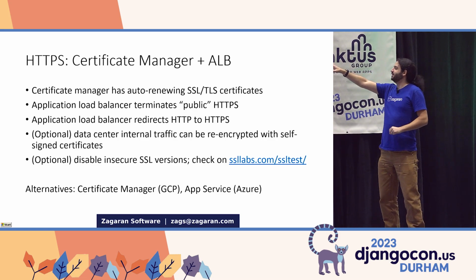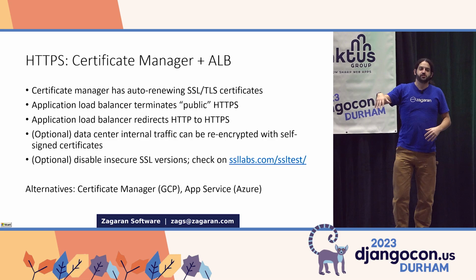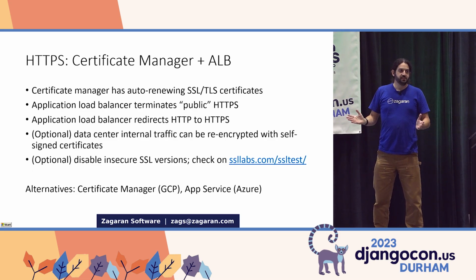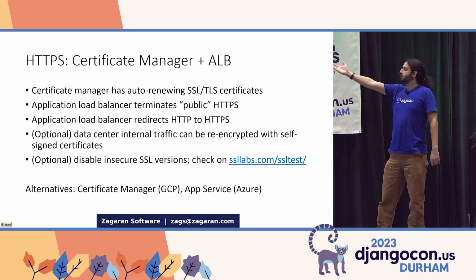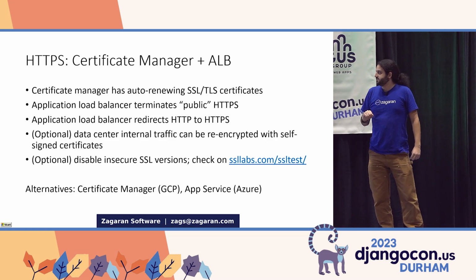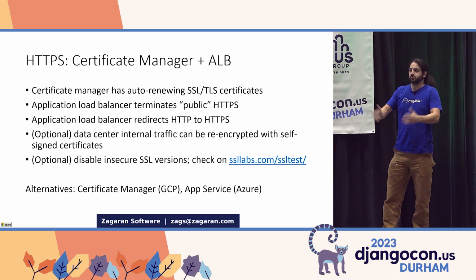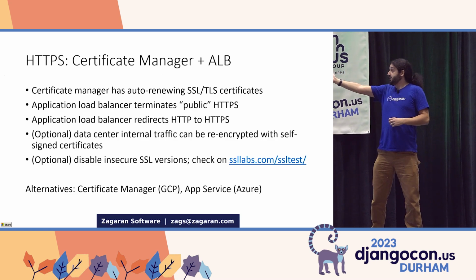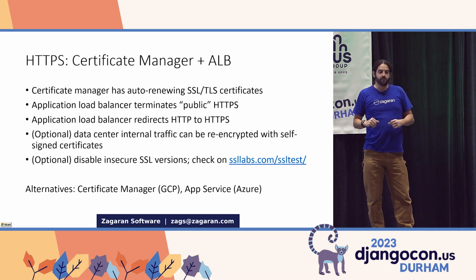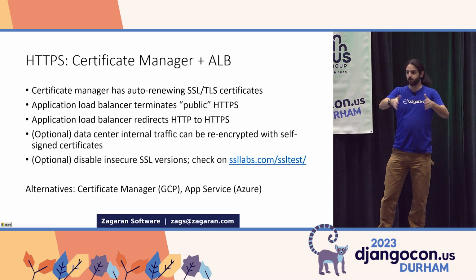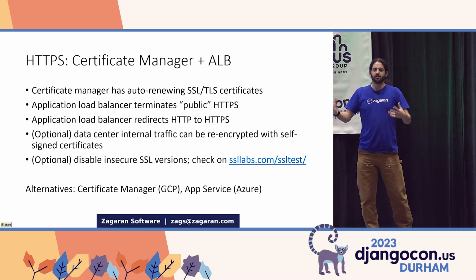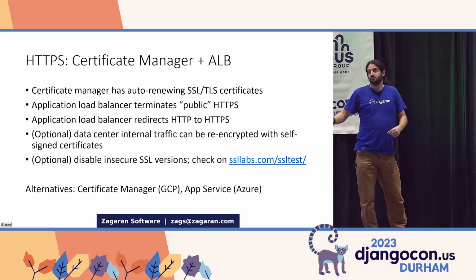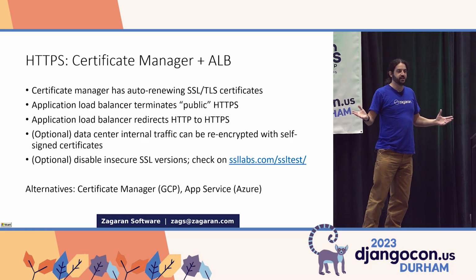So if you use an application load balancer along with Amazon Certificate Manager, you set up a couple CNAMEs in your DNS, and it gives you auto-renewing SSL certificates. You plug that into your load balancer, and your load balancer terminates SSL for you. And it can even do the HTTP to HTTPS redirect. So if people type http:// in the browser bar, it'll do the redirect for you if you set that up at the load balancer. Django can do this too, but why bother your application servers with that traffic?